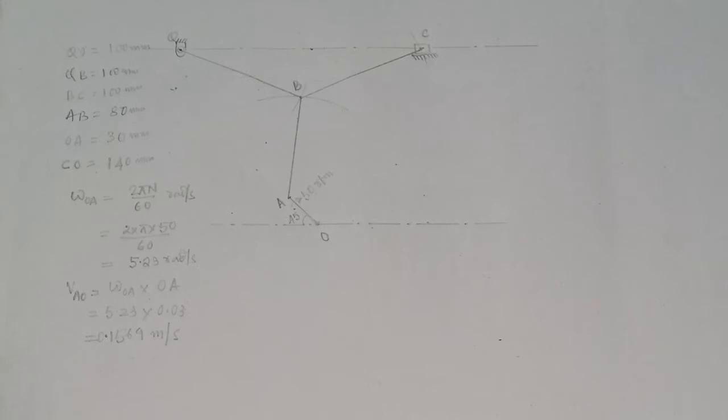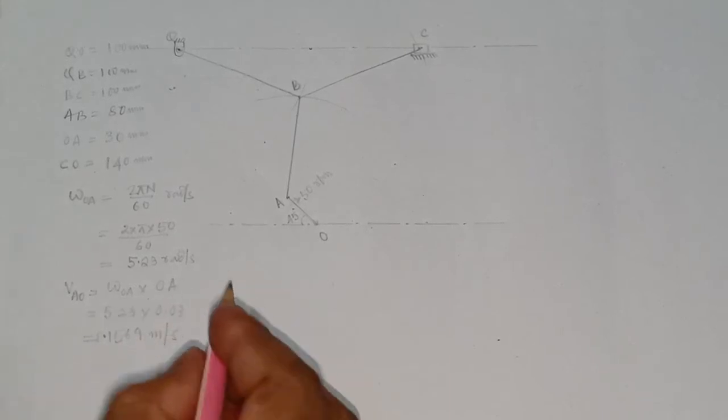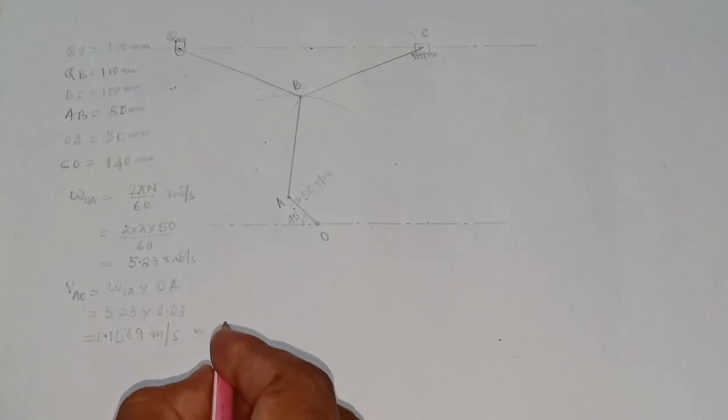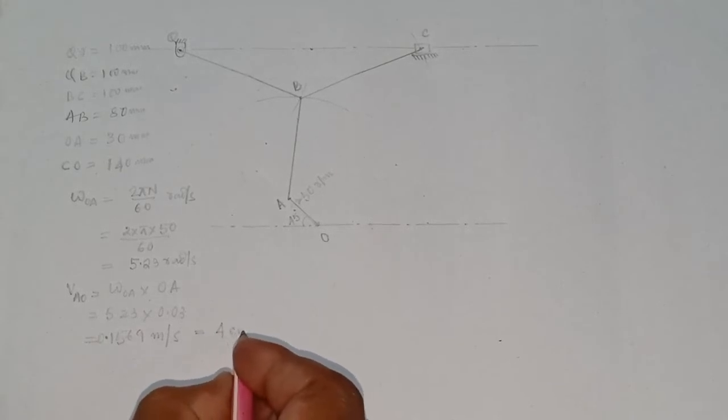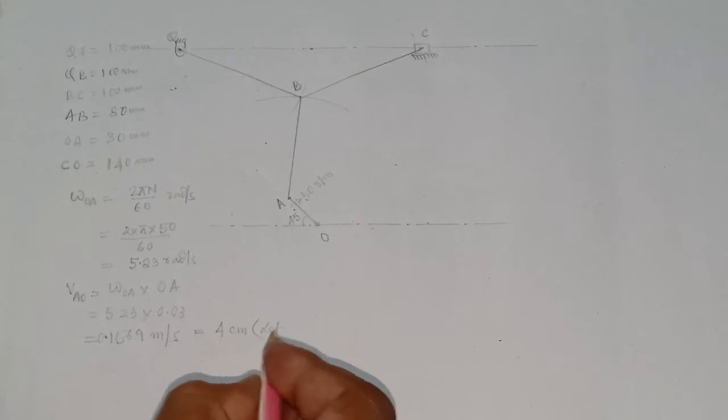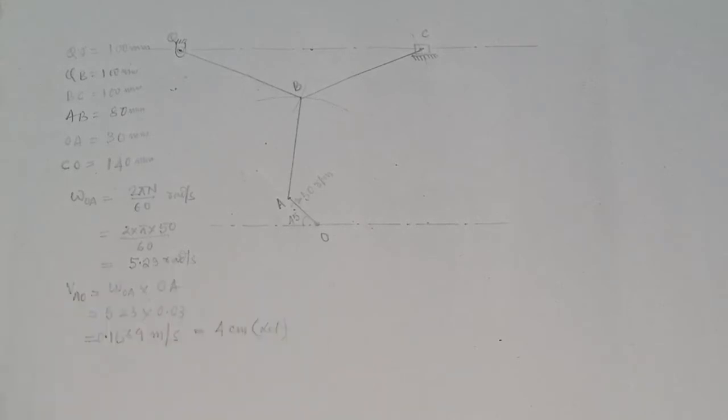Let's take this velocity in terms of a standard length of scale. Let this linear velocity in meter per second be represented as 4 centimeter in a standard length of scale.